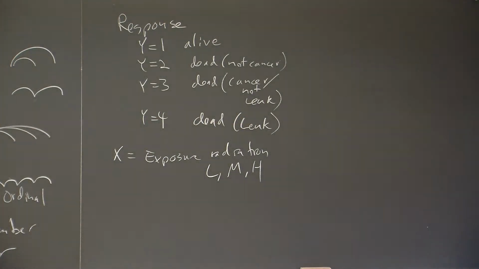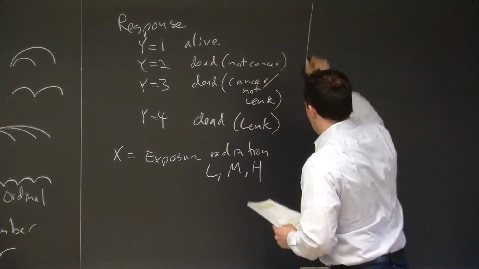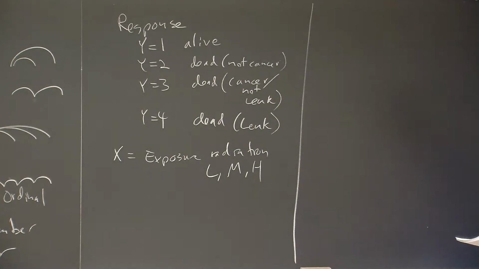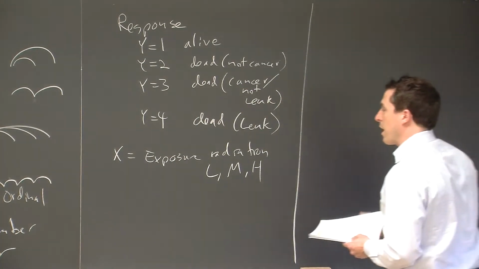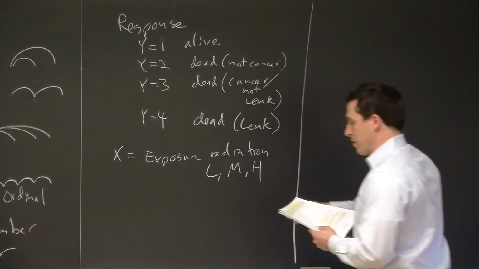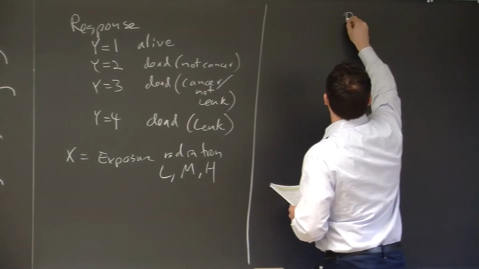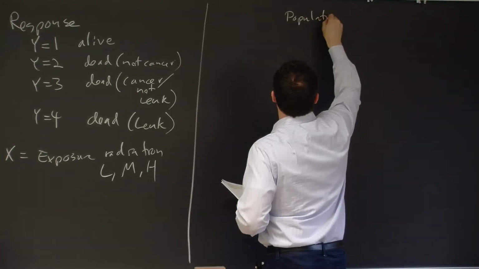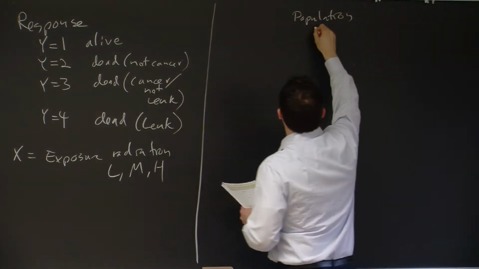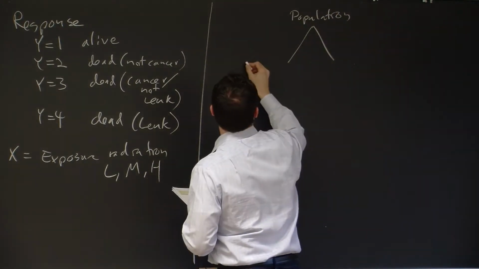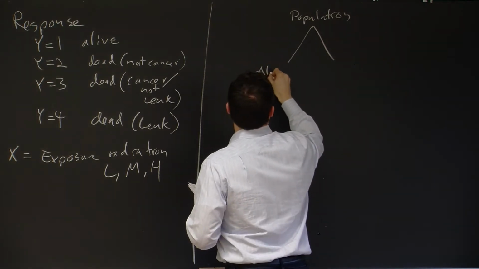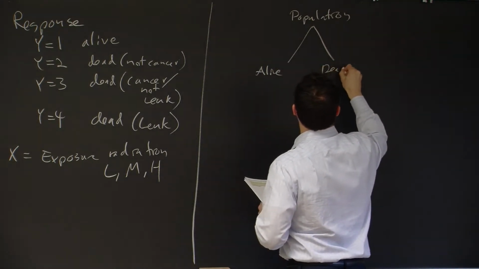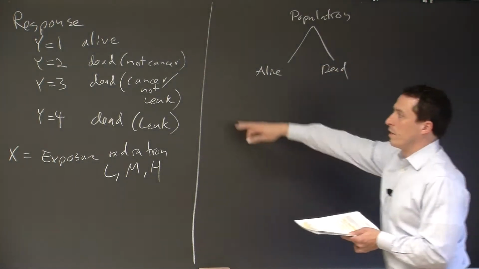And so the analog of doing a partitioning model when we're thinking about the joint for a logistic regression is to break up our logistic regression into a series of stages. So we have the whole population, and we have stage 1, we split the population into, are they alive or are they dead? So we group all of these 3 categories together.